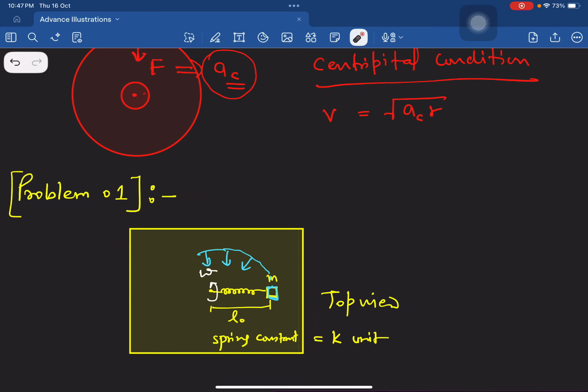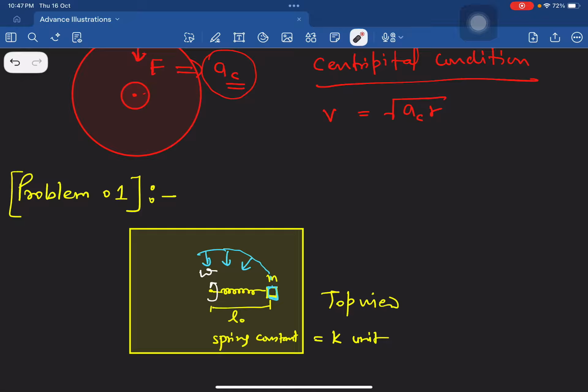So there is going to be elongation in the spring, a certain elongation, and after that the body will achieve an equilibrium state of motion, moving on a circular path.